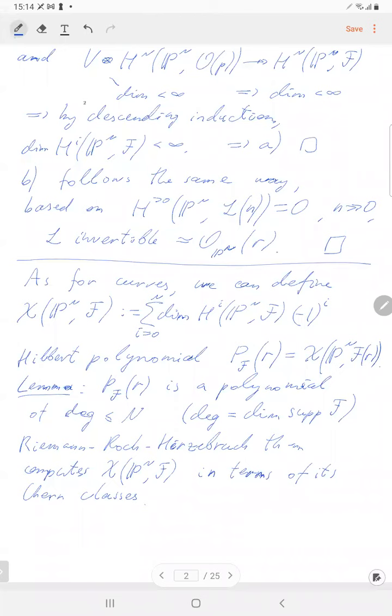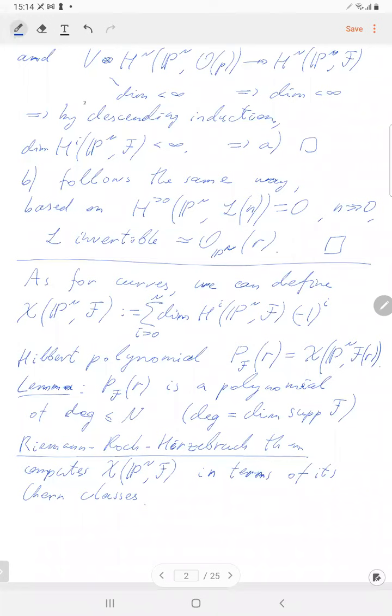But the Euler characteristic is of algebraic geometric nature. It's some coherent sheaf thing. And so the importance of this Riemann-Roch theorem is that you can compute something algebraic geometric in terms of something topological, and it's a miracle that the two things match.